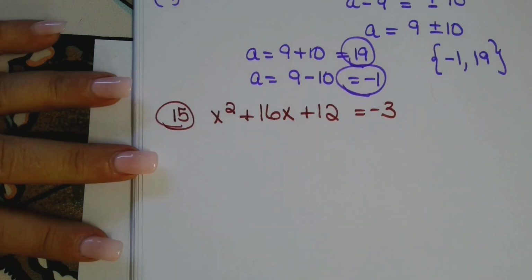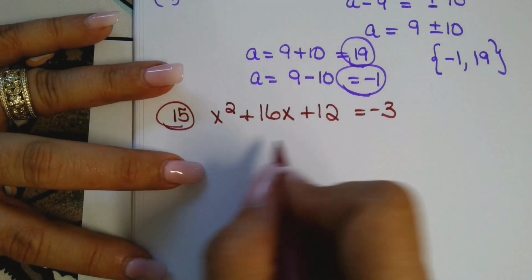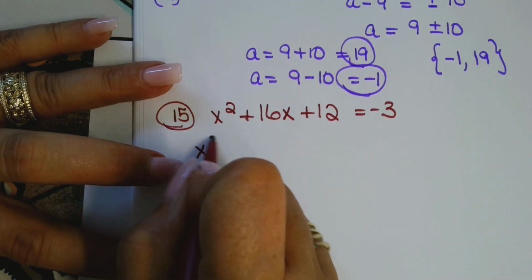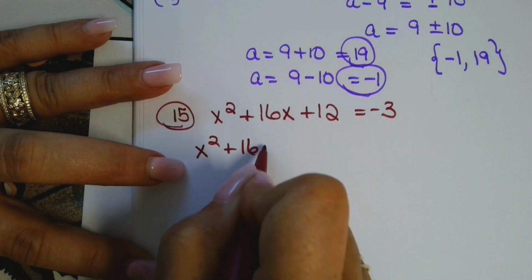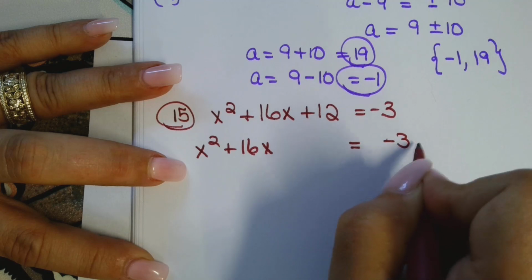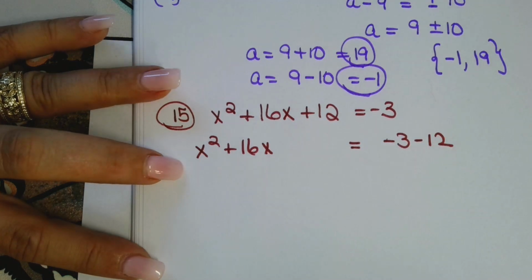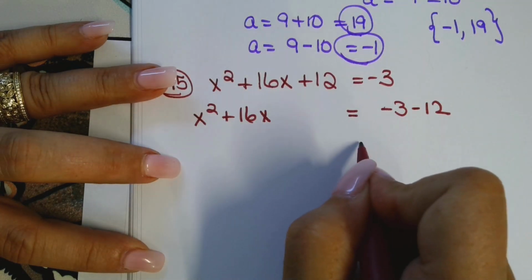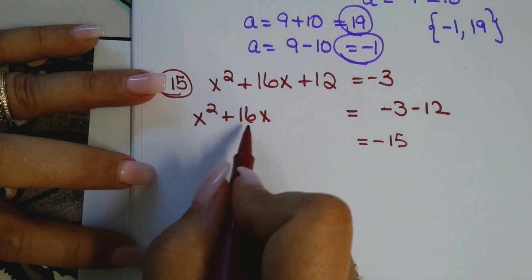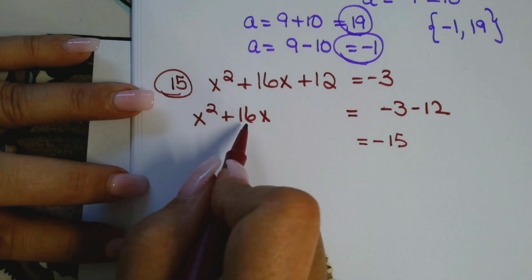Again, step number 1 is to move your constants to the right. So you're only going to keep variables over on the left side. We leave a space and we subtract 12 over there. This will give me negative 15 over here. Now over here, my b is 16.